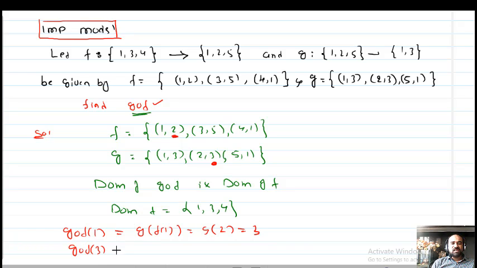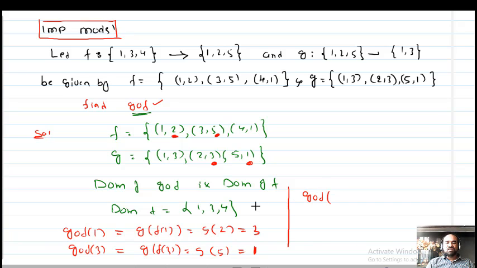Next, G circle f of 3 I want, but by the definition I can write G of f of 3. F of 3 is 5. G of 5 is 1. The meaning is that 3 is paired with 1 under the new function G circle f.